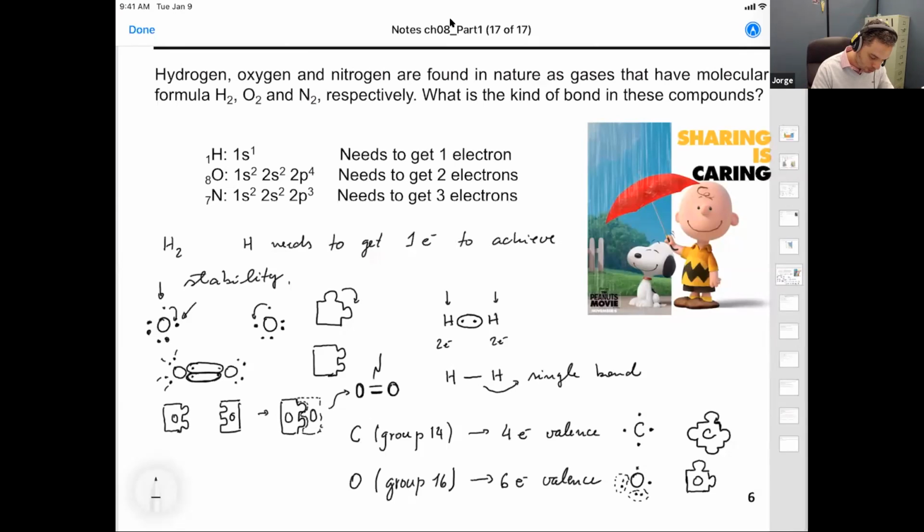When we have 2 pairs, that's called a double bond. And look here, we have 2 pairs of electrons that are not being shared. So I'm going to represent them here. And the pairs that are not being shared are called lone pairs.